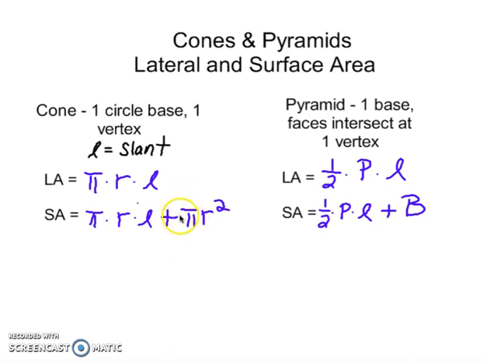Thinking about an ice cream cone, the top part is one circle, and then you have the bottom portion. A pyramid, again, has one base, and then the bases intersect at one vertex. The lateral area is 1/2 P, here's our capital P again, that's perimeter.